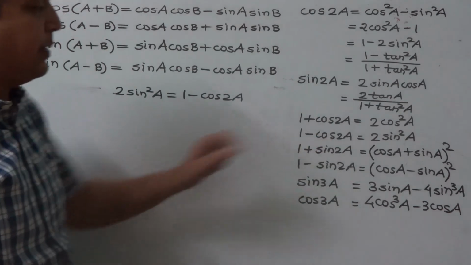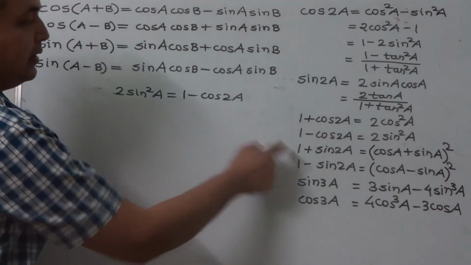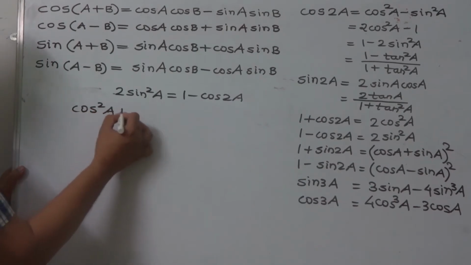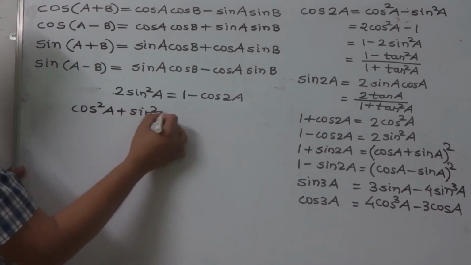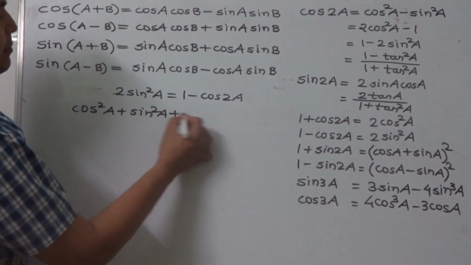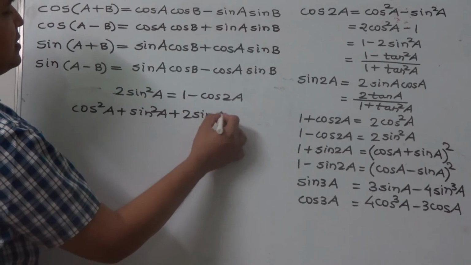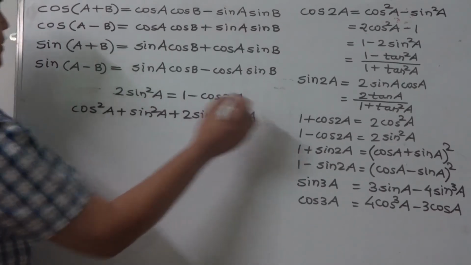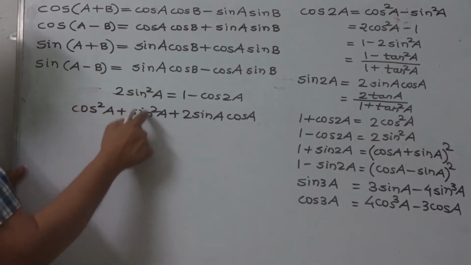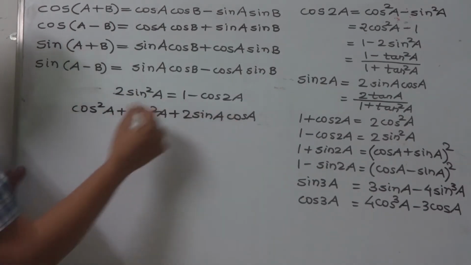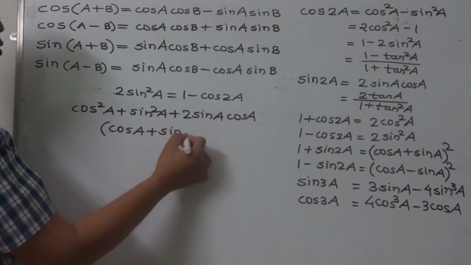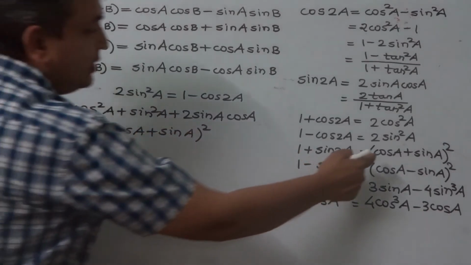Now for this 1 plus sin 2a, this 1 can be written as cos square a plus sin square a, and sin 2a can be written from this formula as plus 2 times sin a cos a. Now this is of the form a square plus b square plus 2ab, that is cos a plus sin a whole square, which is this result.